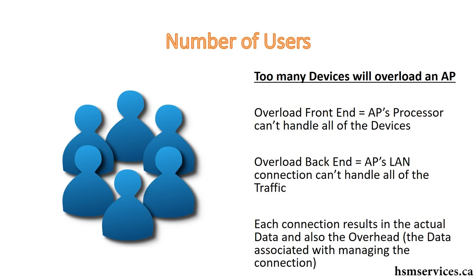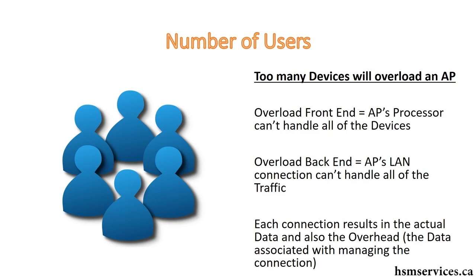You have to remember that for each LAN connection, each user, the AP is adding its management traffic, and the LAN is adding its management traffic on top of the actual data. So the amount of data connection that you think you have is actually less.